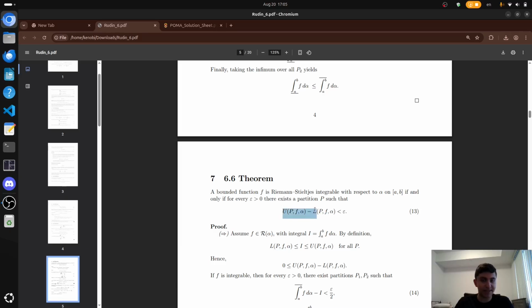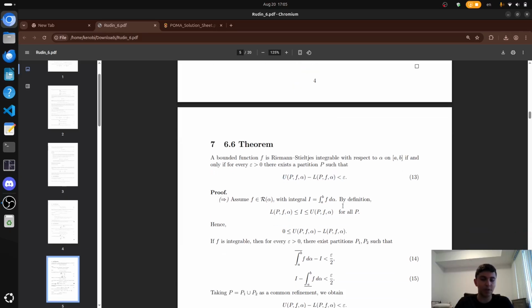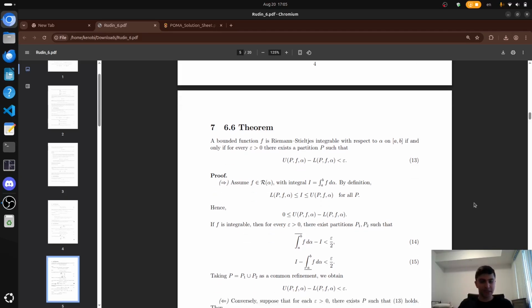If we take this for granted, that's one part of the proof. The other part of the proof is to subtract the actual integral from the lower and upper integrals and make them less than epsilon over 2. So one part you're subtracting with the lower integral, and the other part you're subtracting with the upper integral. And like that, you can add them together, dividing the epsilons by 2 so that you can add them together and get the result.